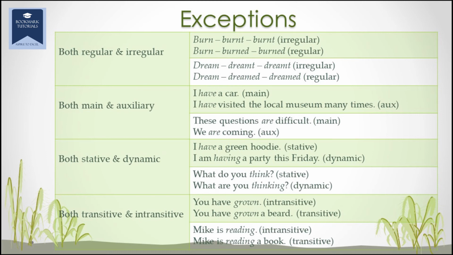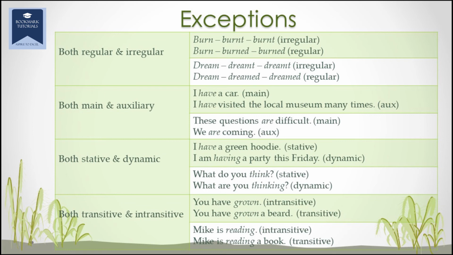Verbs can be both transitive and intransitive as well. Let's see some examples. You have grown. Here, it is an intransitive verb. In the second sentence, we have extended it a bit. You have grown a beard.